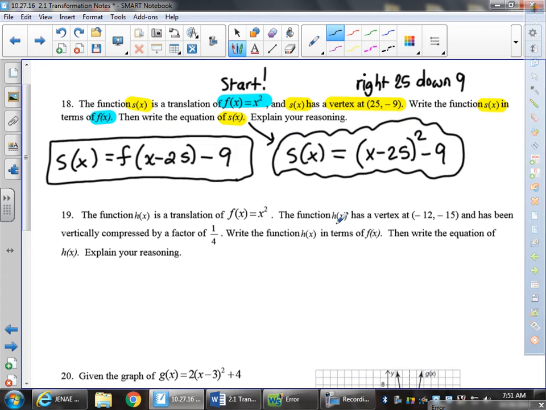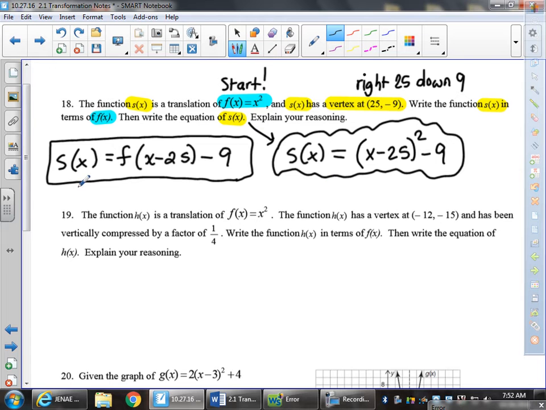So that's how I get it into vertex form. So here we have s of x in terms of f, and here we have our direct equation of s.